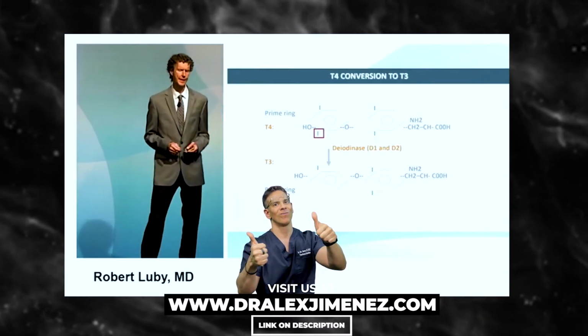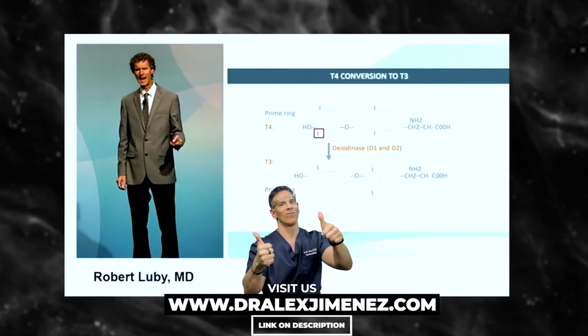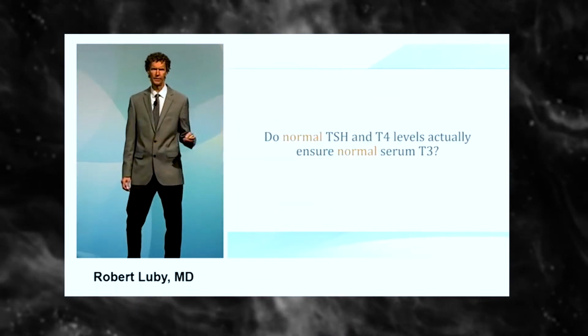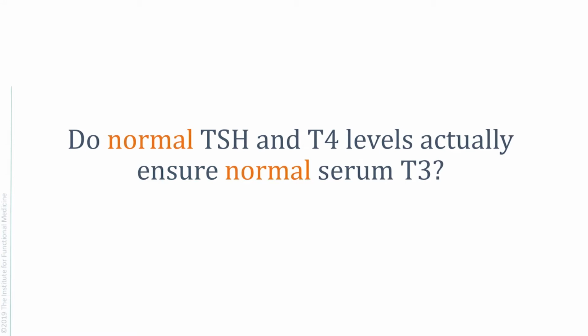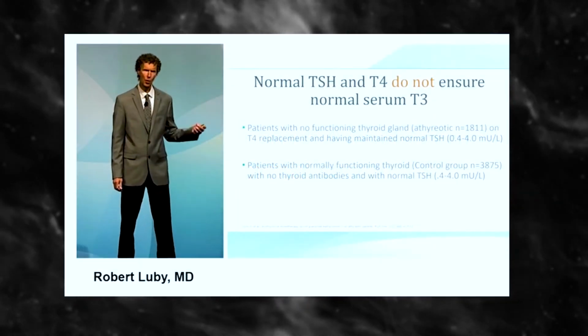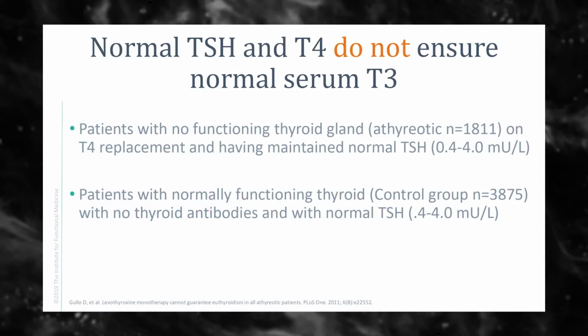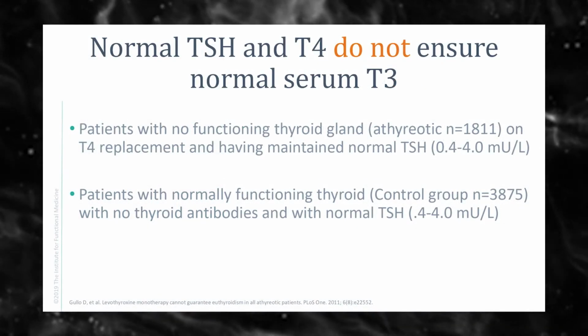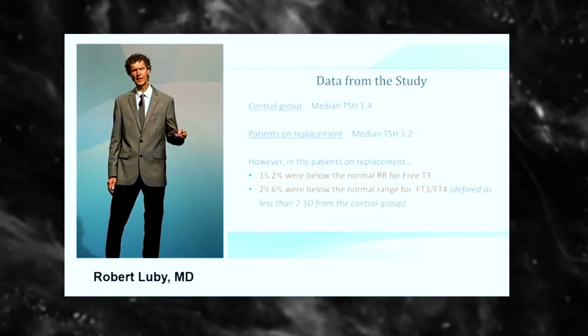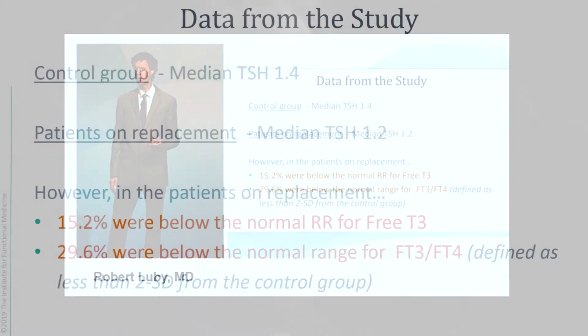Let's look at the deiodinase enzymes now. What do they do? They remove an iodine from the T4 to convert it to active T3. And we've looked at this question now. T4 and TSH levels being normal do not ensure normal T3. Here's one of many studies we could have chosen. They've taken patients who've had their thyroid glands surgically removed, replaced them with T4 to get their TSH in the normal range, as you see here, to get it to 1.4.